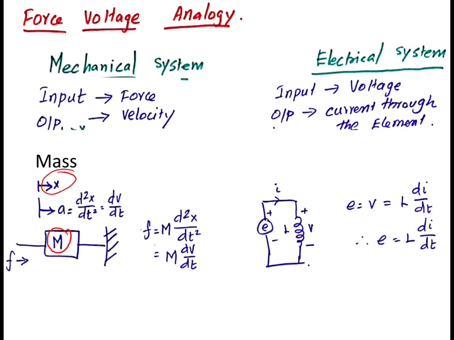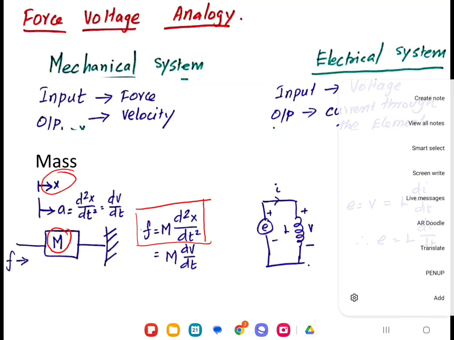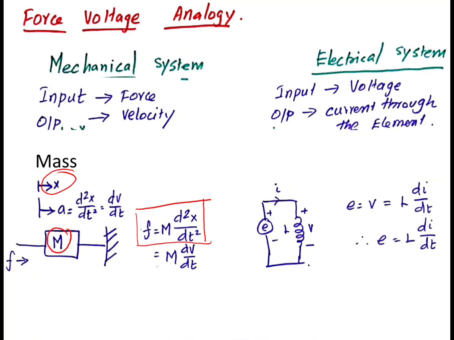The force balance equation is F is equal to M into d square x by dt square, which is equal to M into dv by dt, because the acceleration A is equal to d square x by dt square, which is equal to dv by dt, the rate of change of velocity. The second order derivative of the displacement is equal to acceleration.